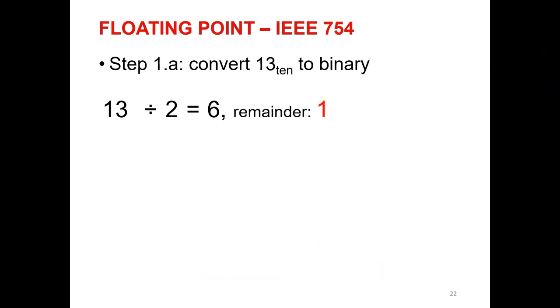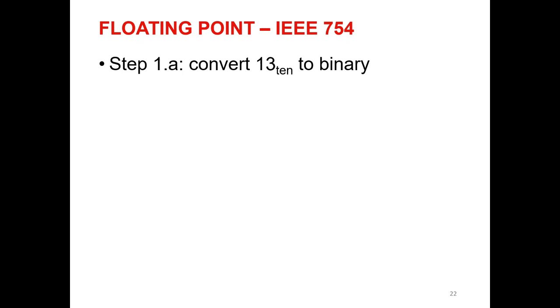So I'm going to show you a method here. You can use any other method. This is just the method I use. For converting the decimal number before the point, remember that in the example before we were converting the number after the point and we were multiplying by 2. In this case, we are converting the number before the point and we are dividing by 2 instead of multiplying.